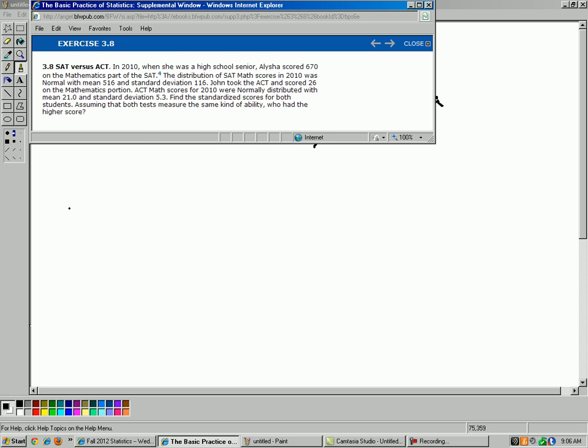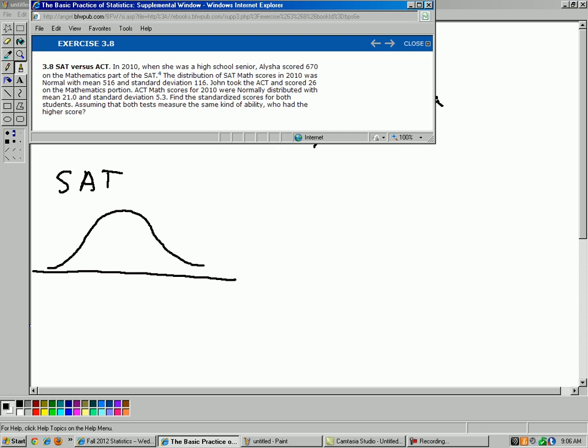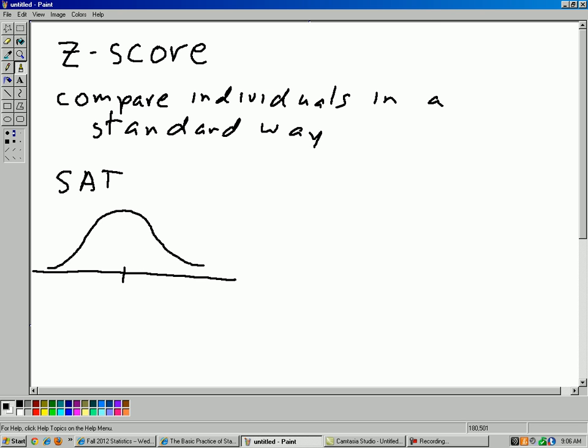So let's do the SAT scores over here. In the problem, it says both of these are normally distributed. The mean for the SATs, one more time, was 516. So 516 goes right there in the middle. And then let's go up 3 standard deviations, go down 3 standard deviations.